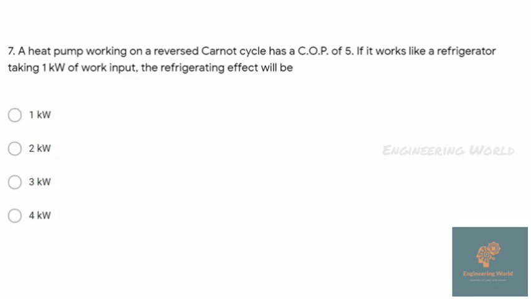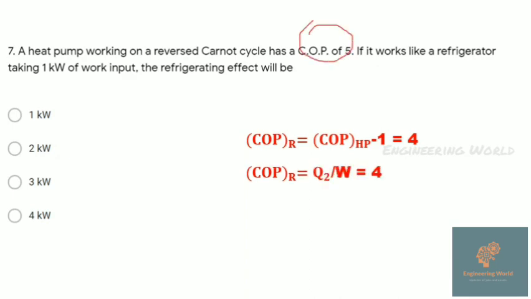So we get COP of refrigerator is equal to 5 minus 1, which is 4. Also COP of refrigerator is equal to refrigerating effect divided by work, that is Q2 divided by W. Here W is 1 kilowatt, so Q2 is 4 kilowatt. Answer is 4 kilowatt.